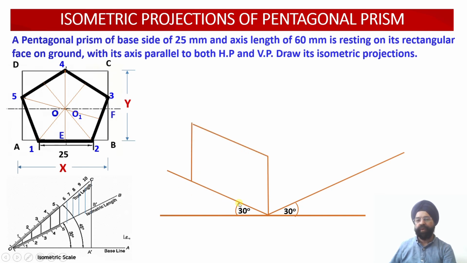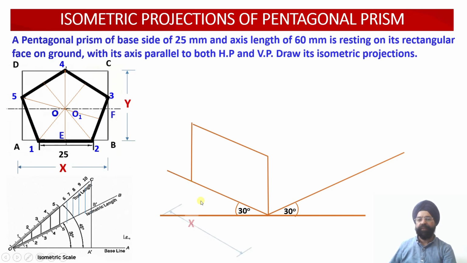So first of all you can check, this is my distance X over here. X is the longer edge of the rectangle which is inscribing this particular pentagonal shape over here. Now X is the longer edge and Y is going to be the shorter edge.